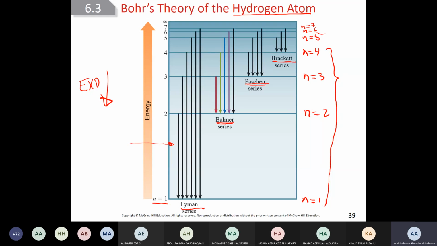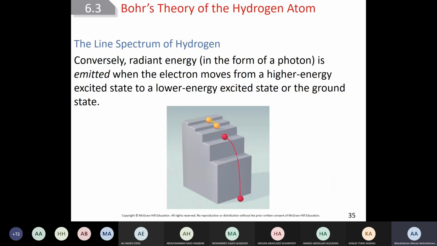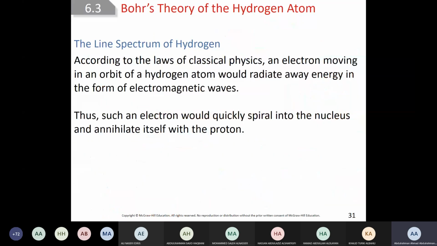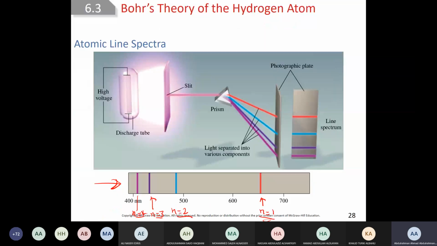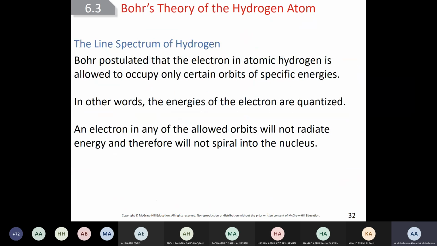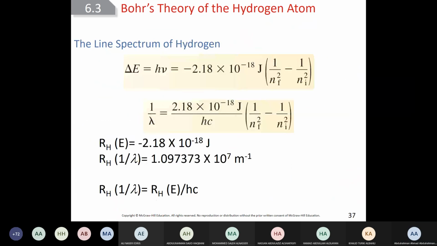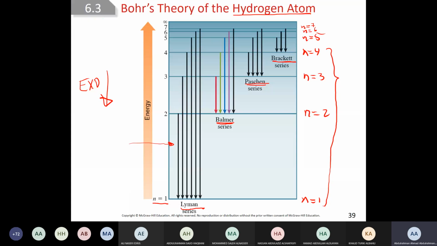We came up with these lines, which are exactly the same as the lines we saw in the picture. This is n equal to 1, n equal to 2, n equal to 3, n equal to 4, 5, 6, 7.